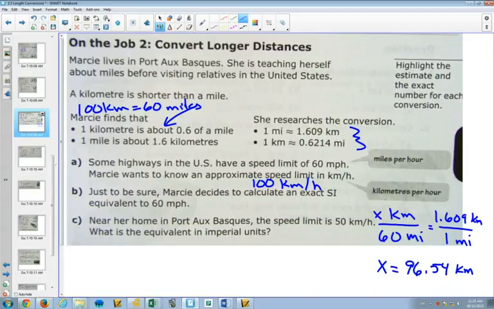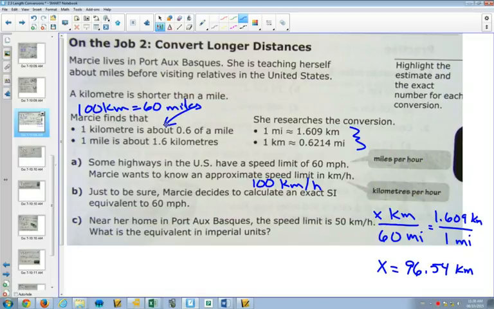The other one gives me 96.56. So they're very close. And again, when you're doing a test or a quiz, whichever proportion you use to solve your question, as long as you're showing your work, both answers would be accepted for full marks.